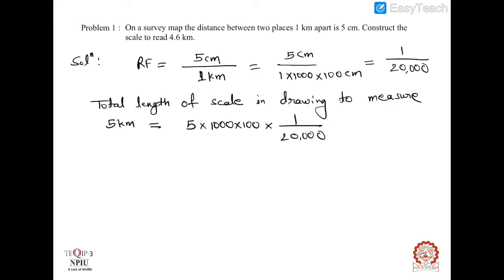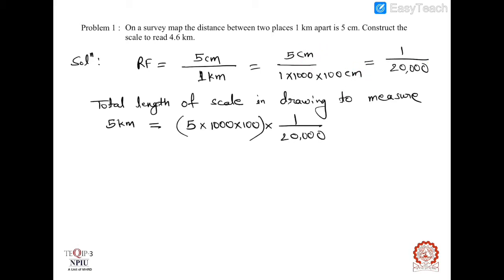We have to make 5 kilometer scale. For that we need to find the length on the drawing. So for that we multiply 5 kilometer by representative fraction. But this 5 kilometer we have to convert into centimeter, because on the drawing sheet we will use centimeter unit. Clear? This representative fraction does not have any unit, because in the numerator and denominator both are having same unit.